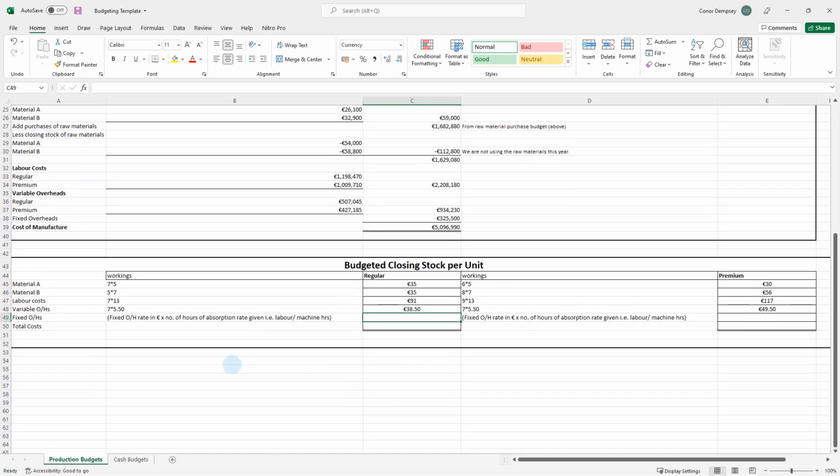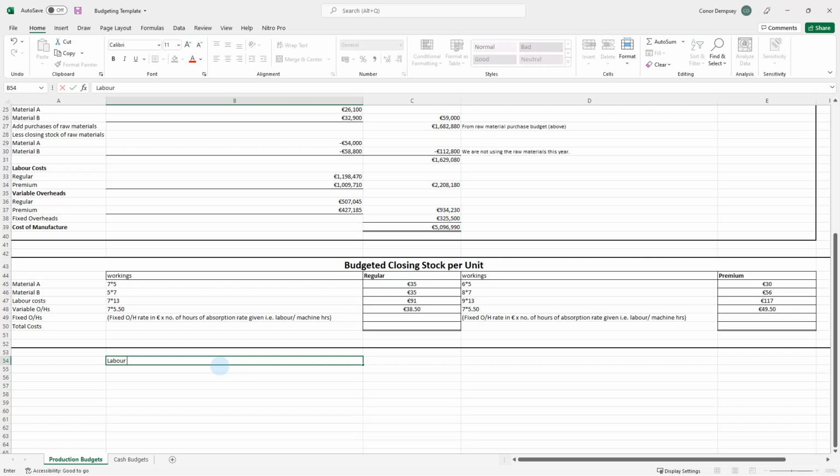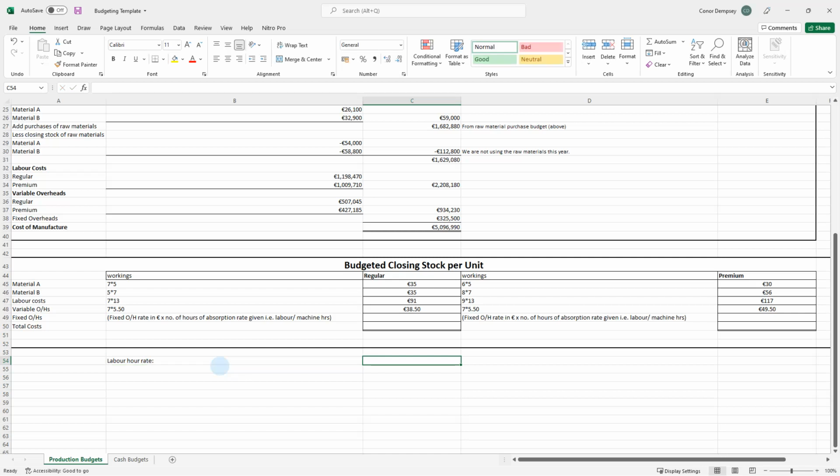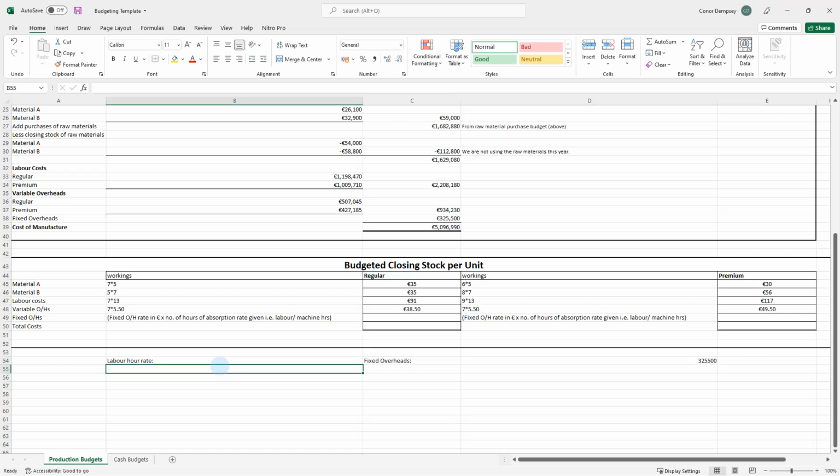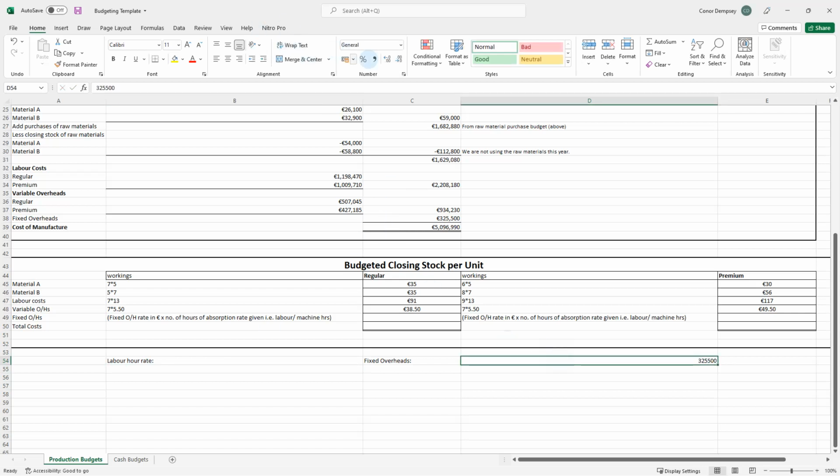We're still going to be using our labor hour rate, but we're looking at fixed. So this is where our absorption comes in. 325,500. That's our total fixed costs.